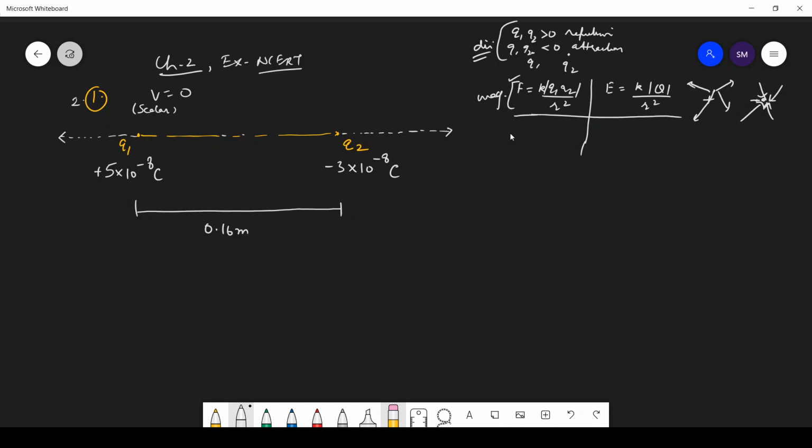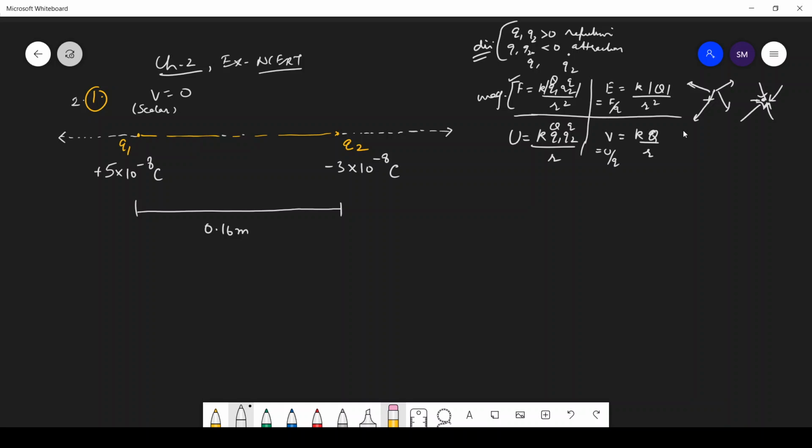But now let us come to the potential energy. So simply, there will be one R here in the denominator, and then V, that is U by Q. So E is F by Q and V is U by Q, right? So that equals K Q by R. So here Q1 Q2 you can take as Q and Q also, that's your choice.